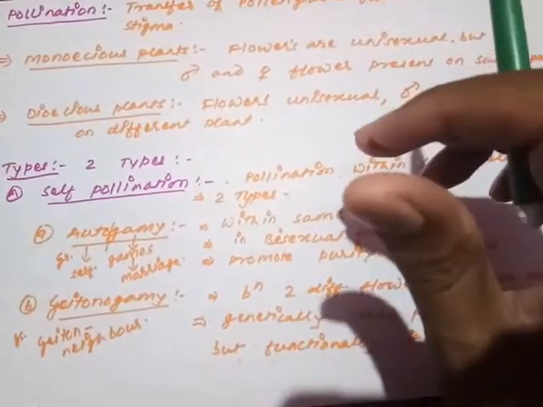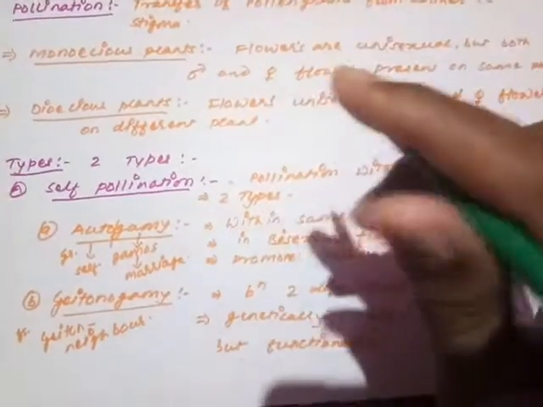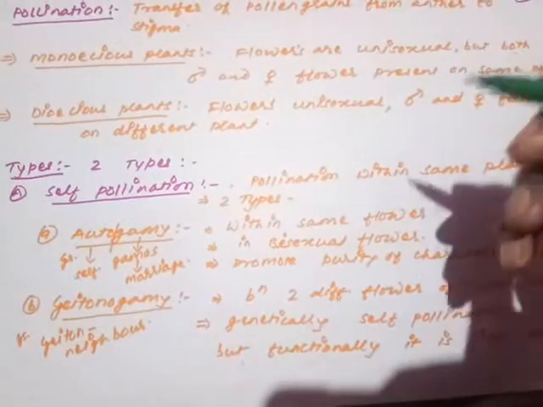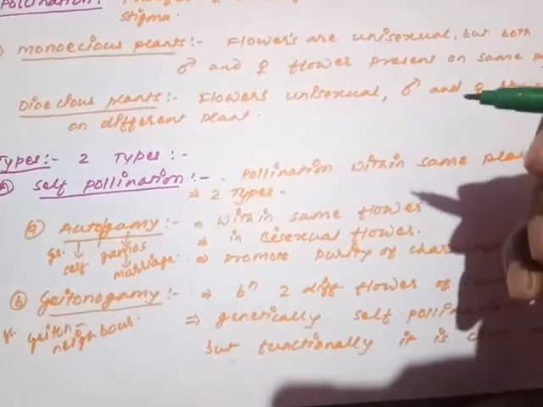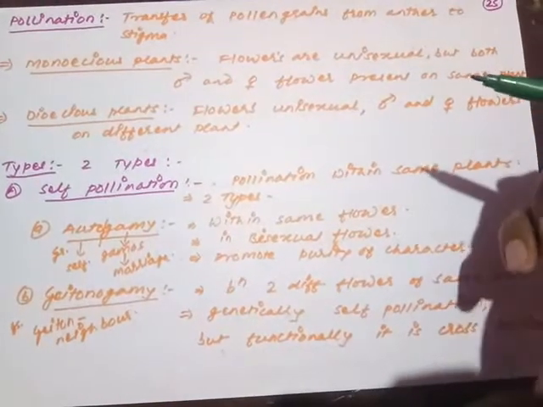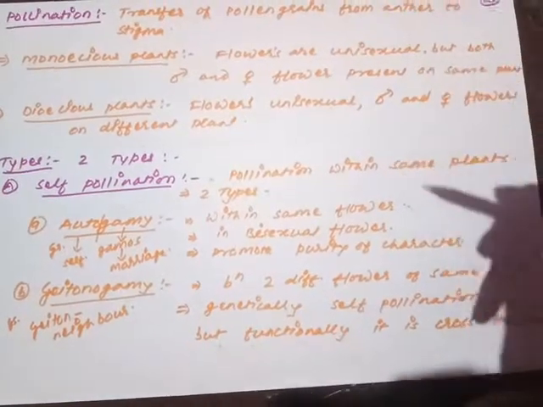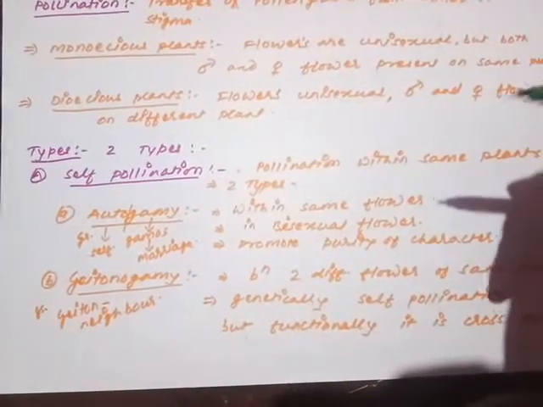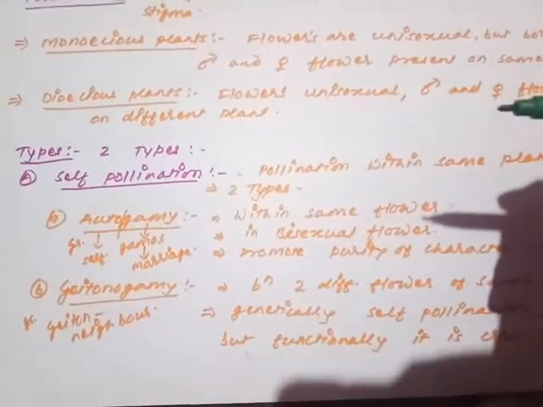What is the difference between monoecious and dioecious plants? Both bear unisexual flowers. In a monoecious plant, both male and female flowers are on the same plant, while in a dioecious plant the flowers are unisexual and the male and female flowers are present on two different plants. Is it clear to you all?